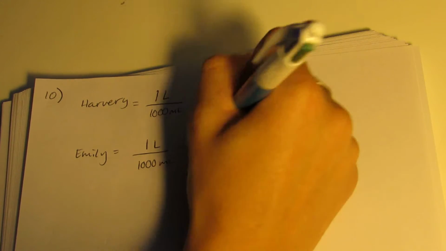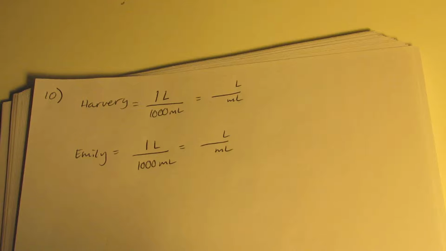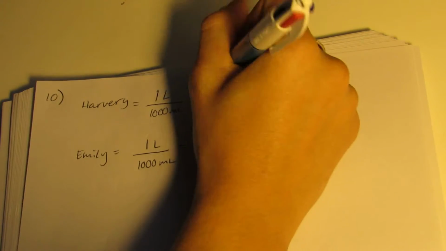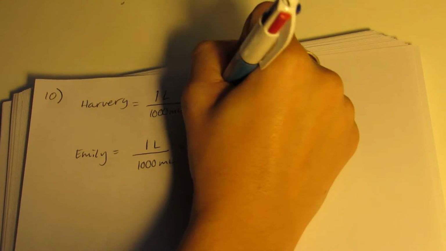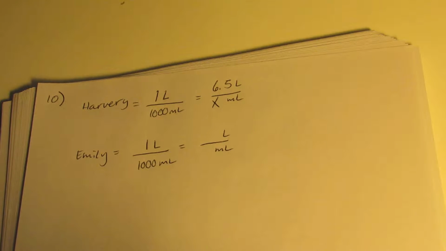Okay, so liters per milliliters has to be the same for my given ratio. It says Harvey bought 6.5 liters, so I'm going to make that my numerator. I'm trying to solve for milliliters because that's what it asks. In Emily's case, she bought 163 milliliters.